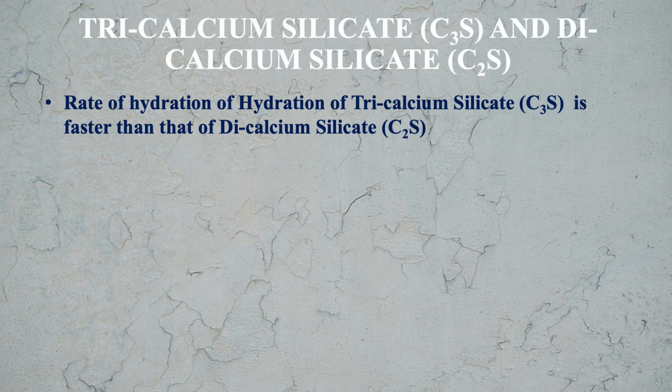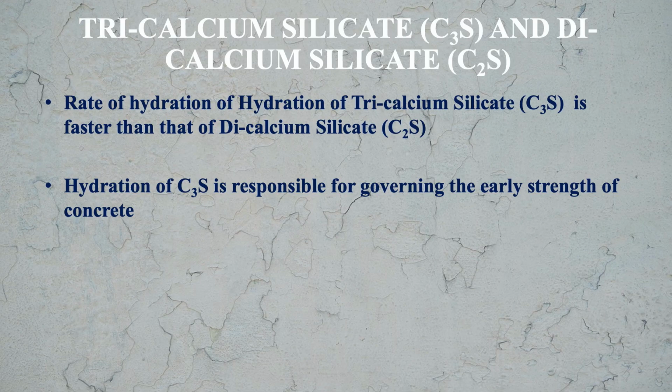Now let us see how the hydration of tricalcium silicate and dicalcium silicate occurs. The rate of hydration of tricalcium silicate, that is C3S, is faster than the rate of hydration of dicalcium silicate, that is C2S. Means if you are comparing the rate of hydration of C3S and C2S, C3S hydrates quickly, at a faster rate in comparison to C2S.